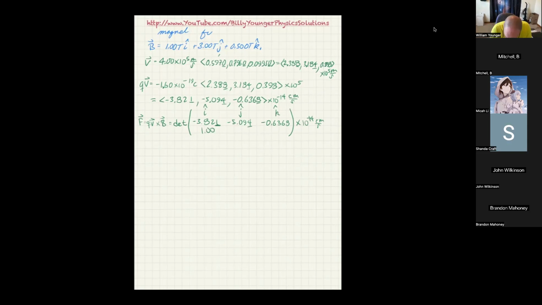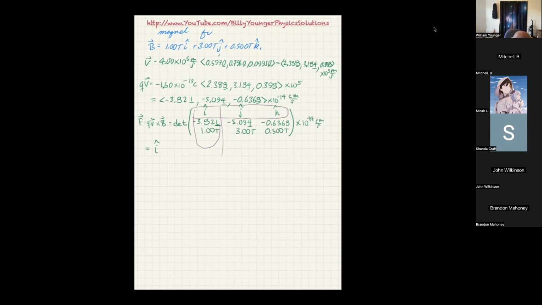Now I'm going to take my 1.00, 3.00, and 0.500 tesla and put that in there. I'll pretty much ignore the units and the 10 to the negative 14th right now. But here's how we do it. First off, the i hat. When you expand upon the i hat, that means you hide that row and that column.